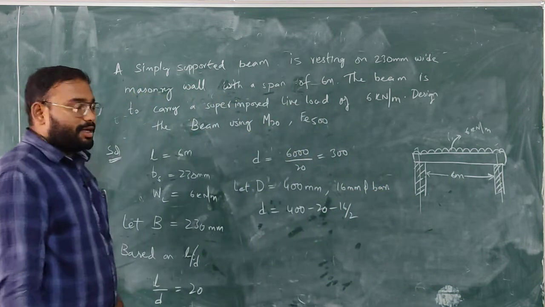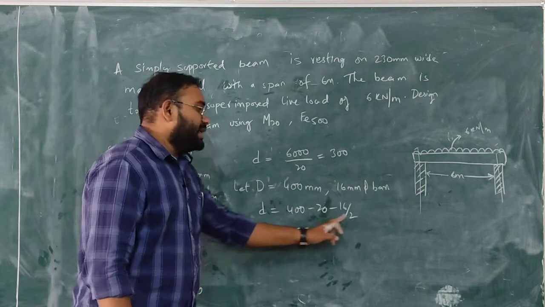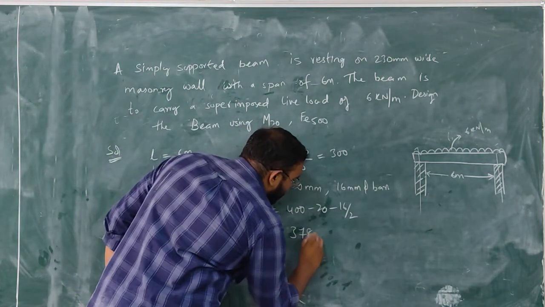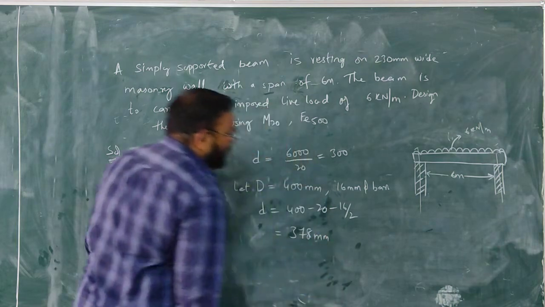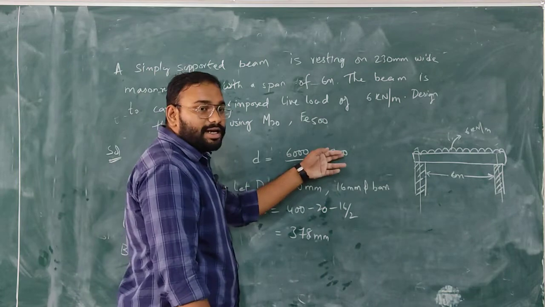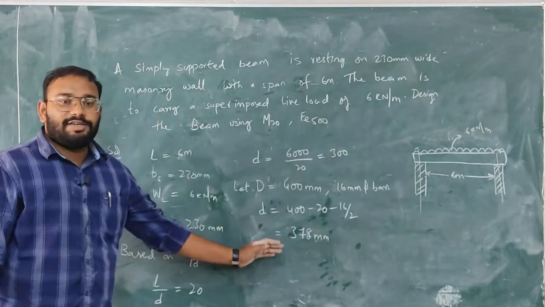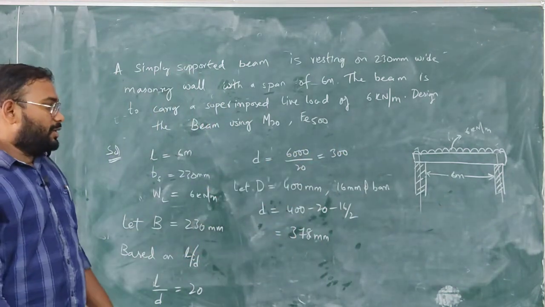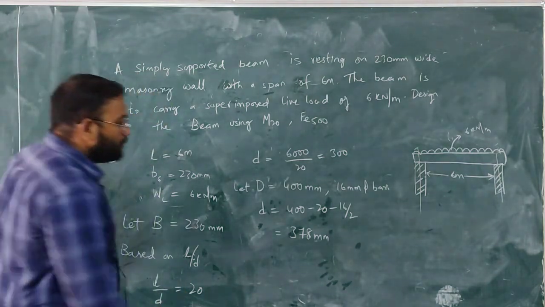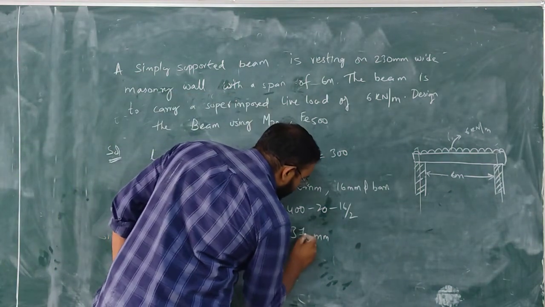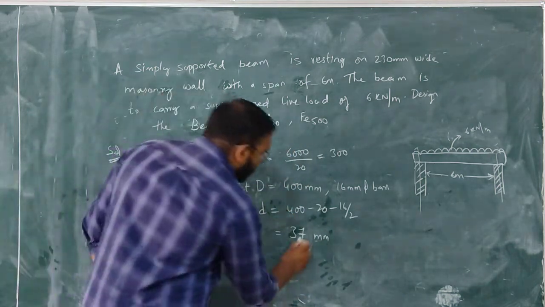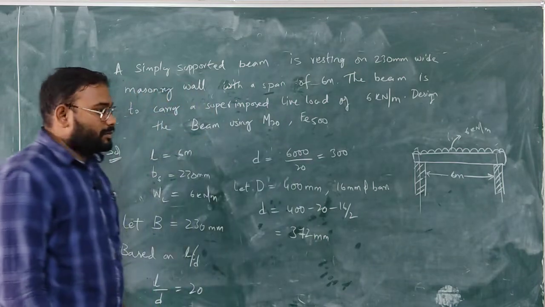So 400 minus 20 minus 16 by 2 will be 372 mm. This is more than 300, so you are providing sufficient depth here. Clear?